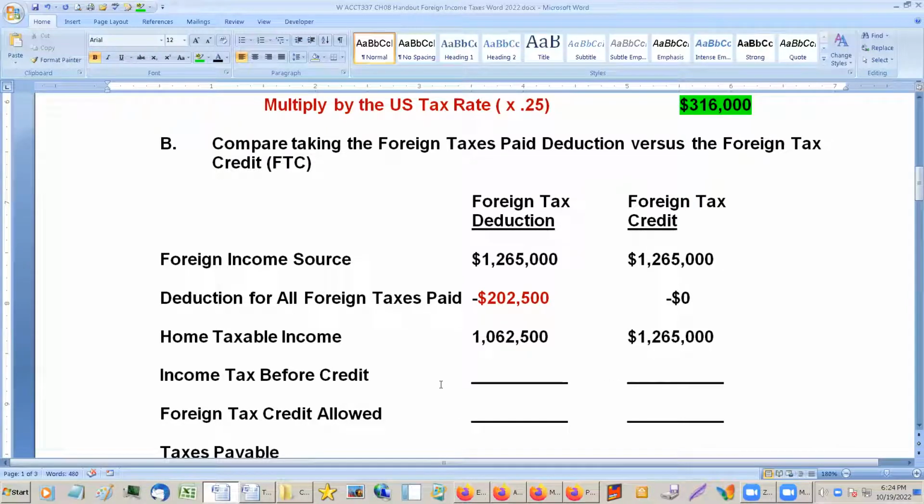Okay, so income tax before the credit will look like this.